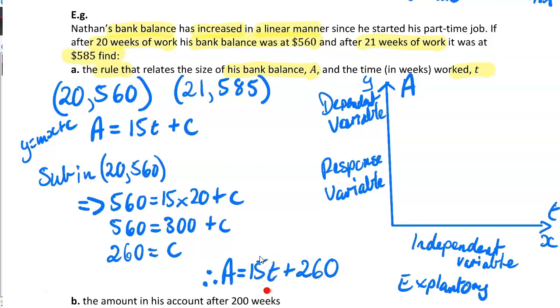Each week that he works, he increases his bank balance by $15, and A is the amount he has in this bank. So this is how we would read this. A is the amount of money he has in his bank. It's increasing by $15 per week, and he started with $260 in his account.